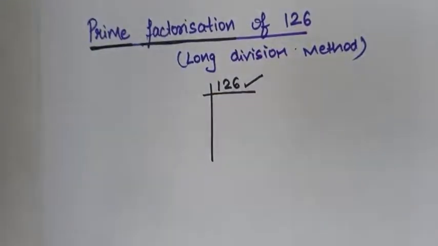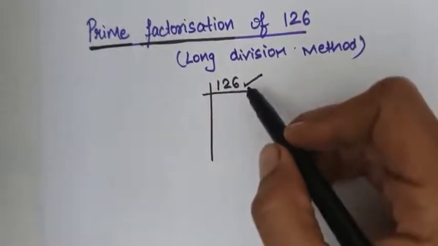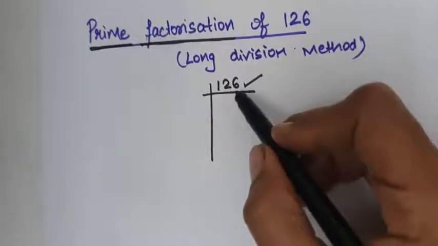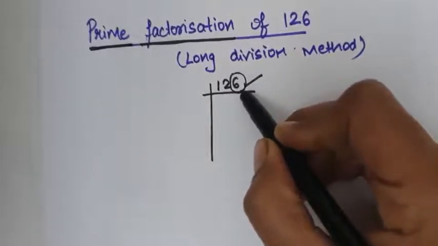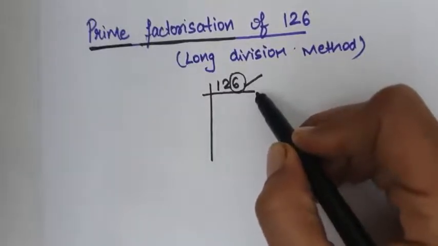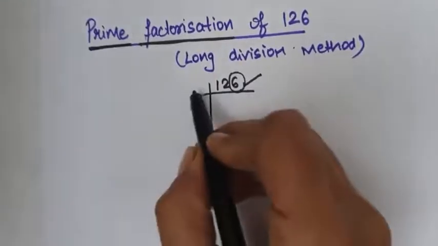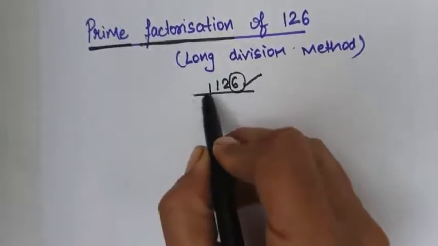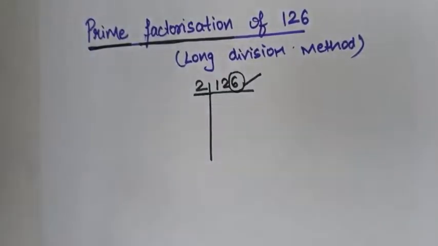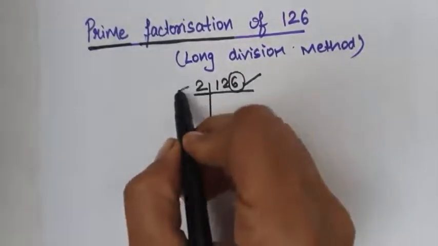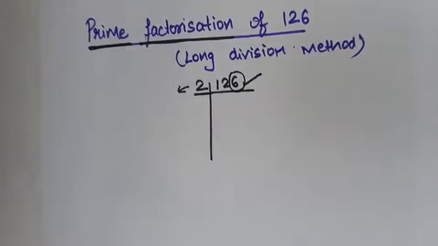Clear? Now, as we have already discussed the divisibility test, if the last digit is 6, that number must be divisible by 2. So we can take 2 here, and 2 is a prime number, and it is the smallest also.